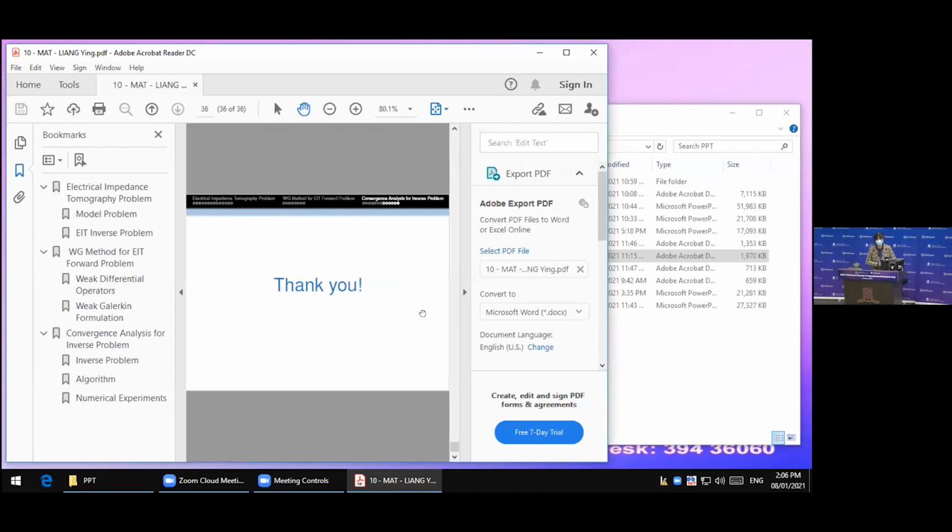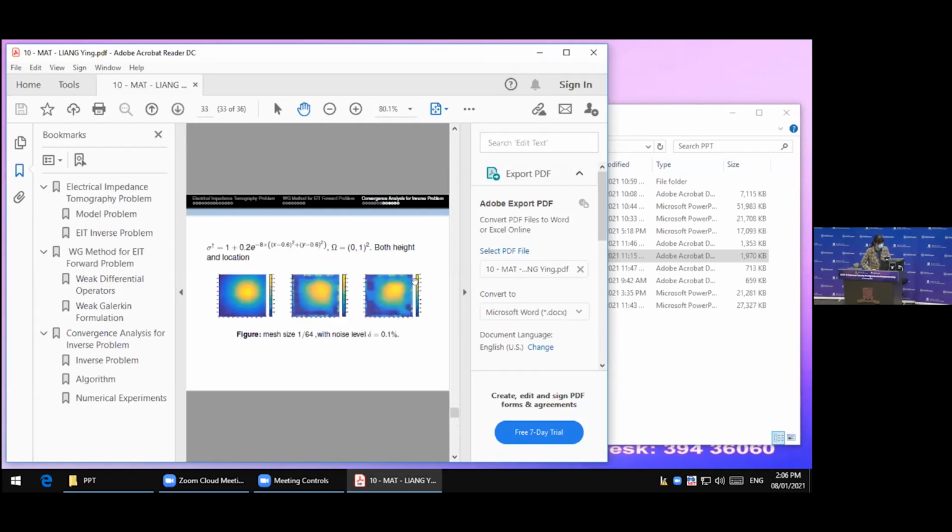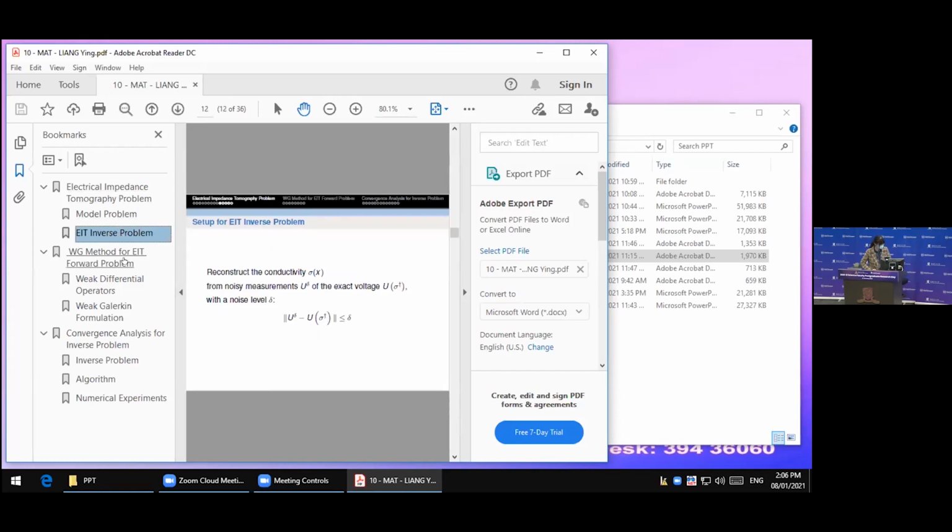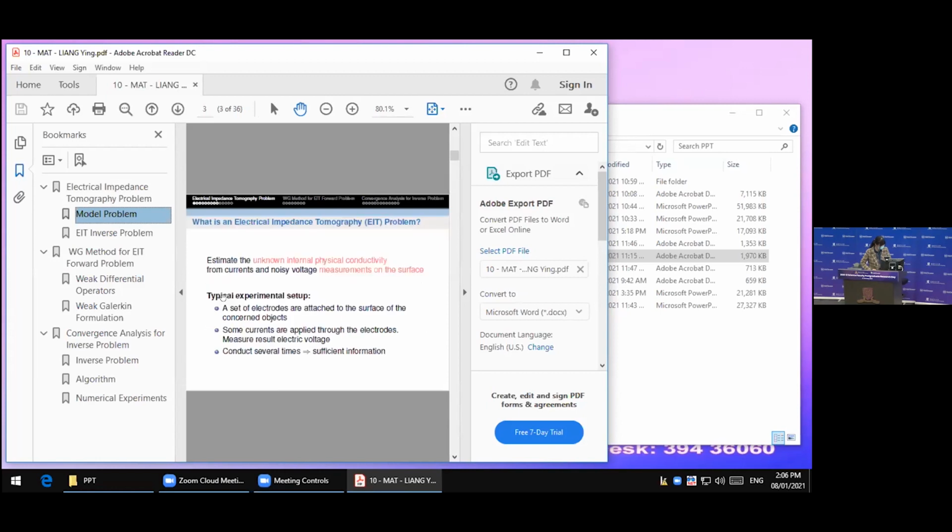So first, the weak Galerkin method is a non-conforming finite element method, and there has been some work that indicated that the weak Galerkin method is very similar to the discontinuous Galerkin method. And I'm not a real expert in this domain, but in our problem, the EIT problem, it is needed to use such a non-conforming method, as the setting is like this.